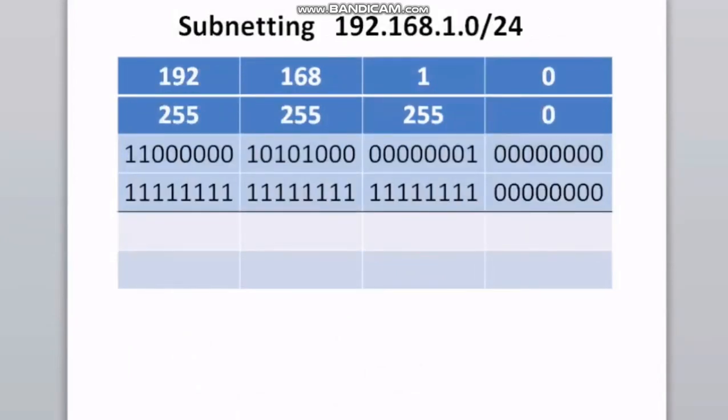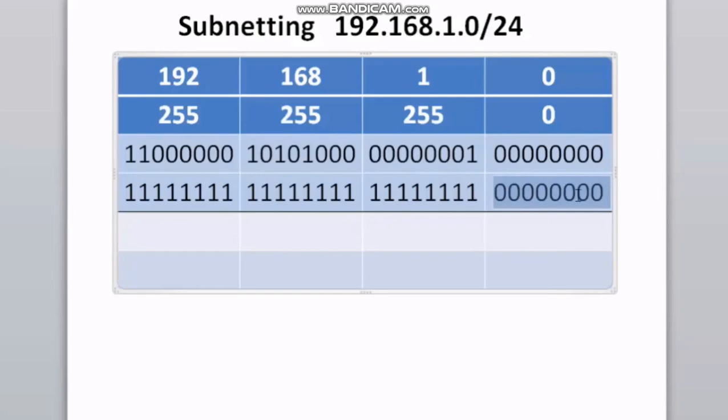Let's start with a classic Class C network like 192.168.1.0 with a /24 or 255.255.255.0 subnet mask. If we want to subnet this 192.168.1.0 network, we need to go into the subnet mask in binary, which we can see on this row right here. To change the subnet mask, we borrow bits from the host portion of the address.